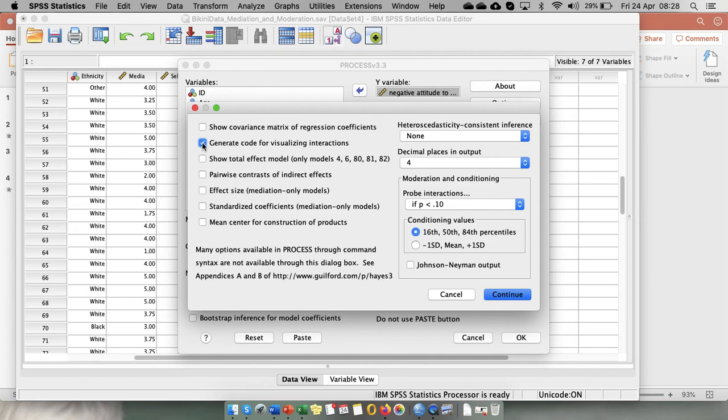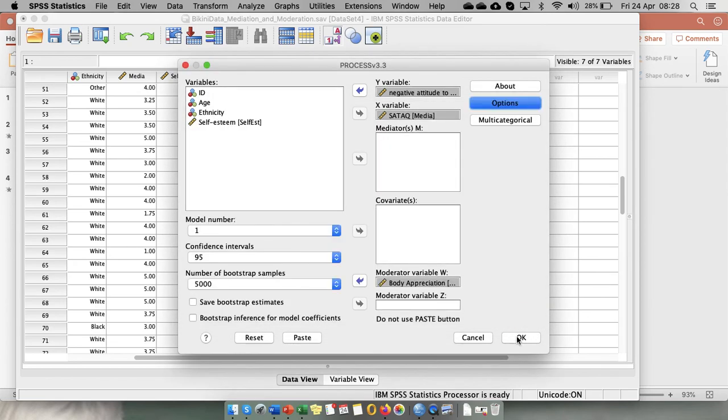Because we're testing moderation, it's good to see how numbers are changing depending on the levels of the predictor and the moderator to better understand the nature of the interaction. And we want mean centering for construction of products. Another option that we want is Johnson-Neyman output. That's again good for visualizing and plotting data. Press continue and press OK.